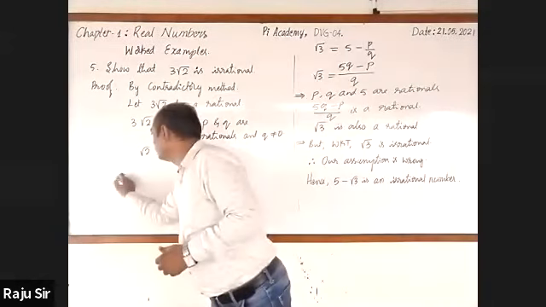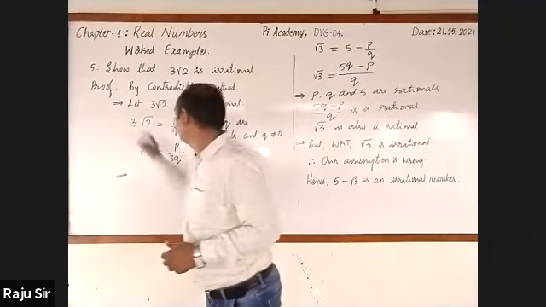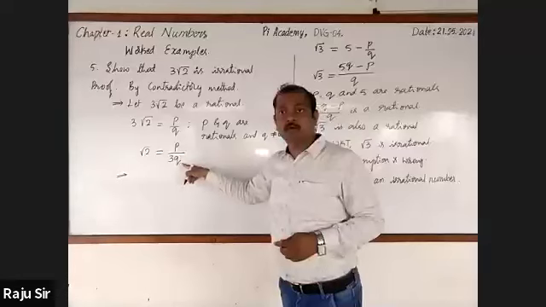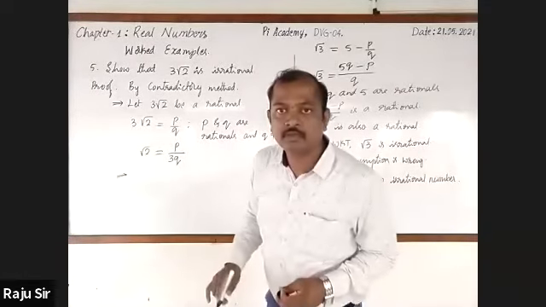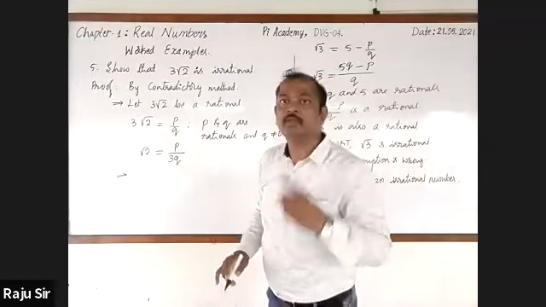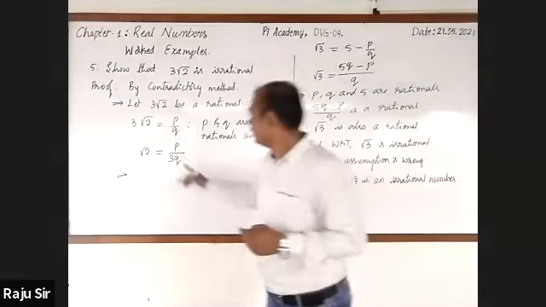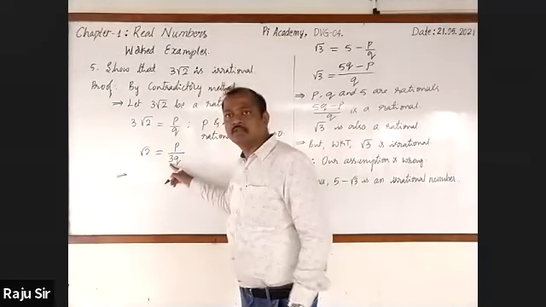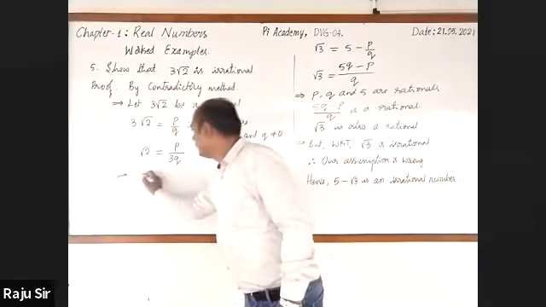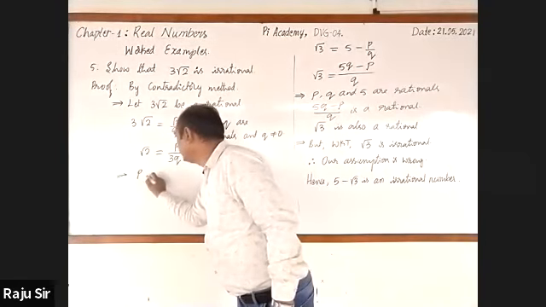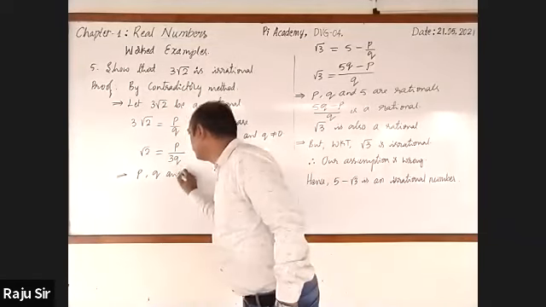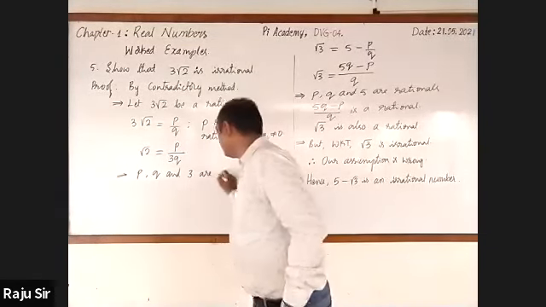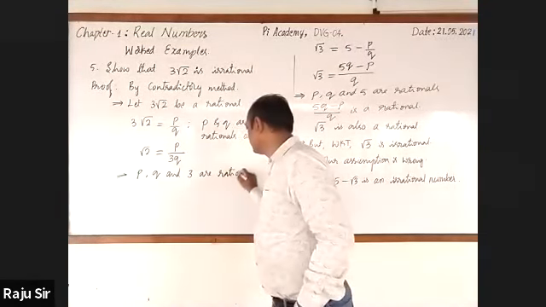Next, it implies that we know that P and Q are rationals, and 3 is also a rational. Here I'll write P, Q and 3 are rationals.